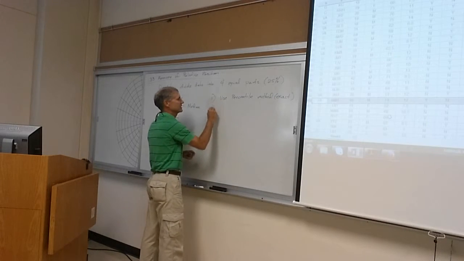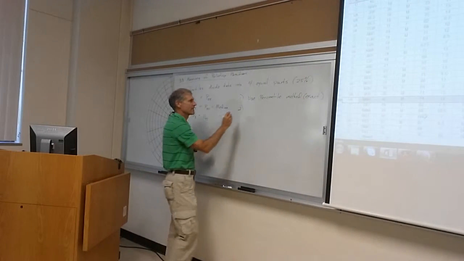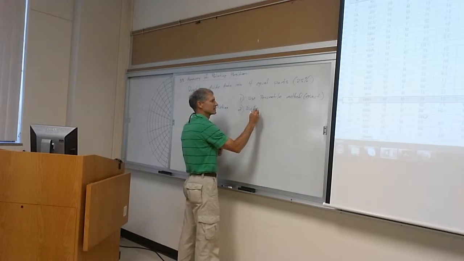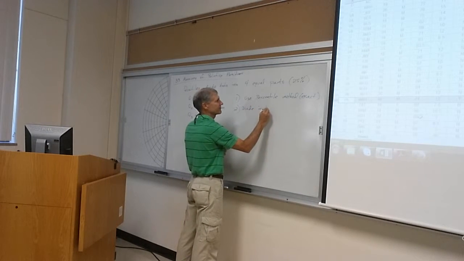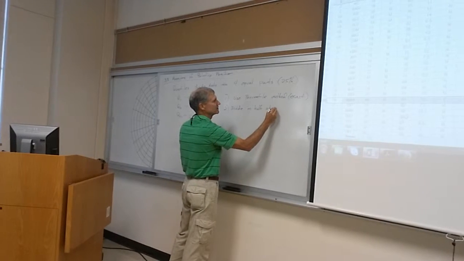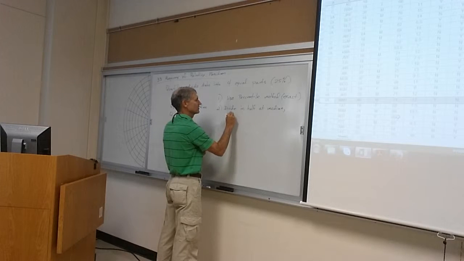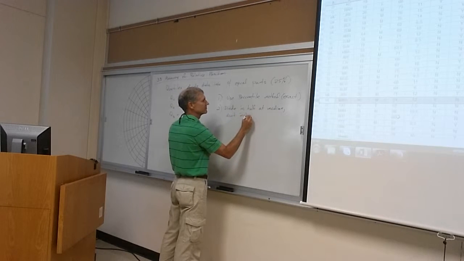The second way is to divide the data into 2 parts. Divide in half at the median, and don't include the median in either half.